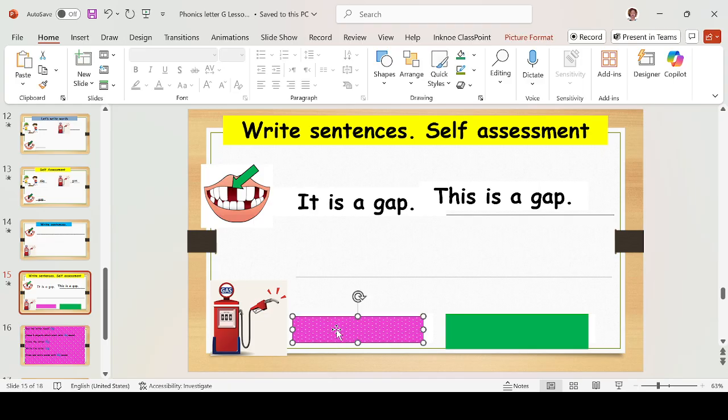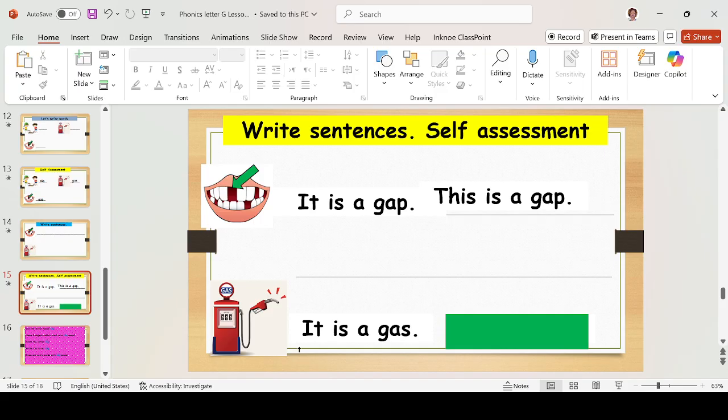The next one, it is a gas. Uppercase or capital letter, then finger space, and full stop. It is a gas. Did you write like this?